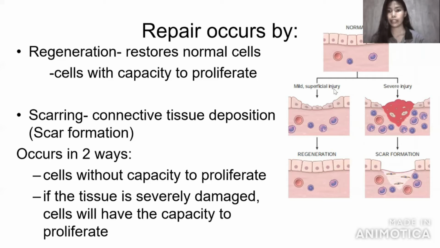Here we can see two types of injury. First is mild superficial injury, which results in regeneration, and second is severe injury, which results in scar formation.